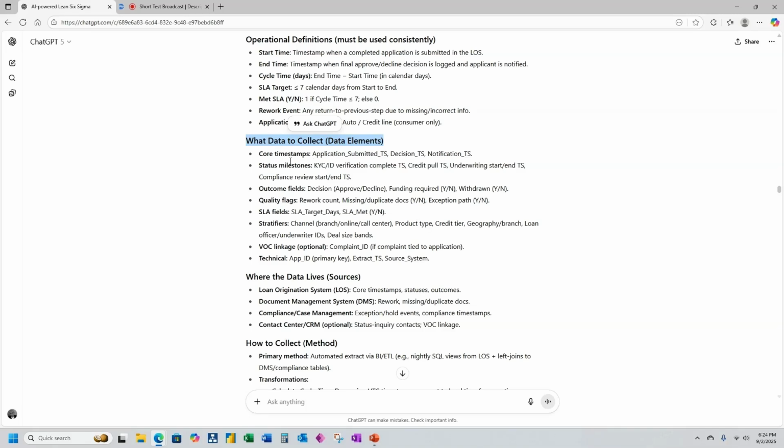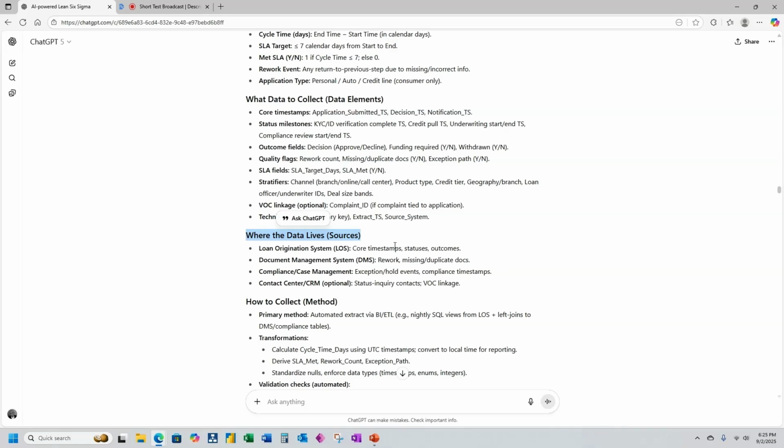We've got our core timestamps, our status milestones, outcome fields, quality flags, SLA fields, stratifiers, voice of customer linkage, and technical identifiers. In our data sets, where the data lives, it has our sources of where the data lives for our analysis. We have the loan origination system. I referenced this earlier as the LOS, but that's what it means there.